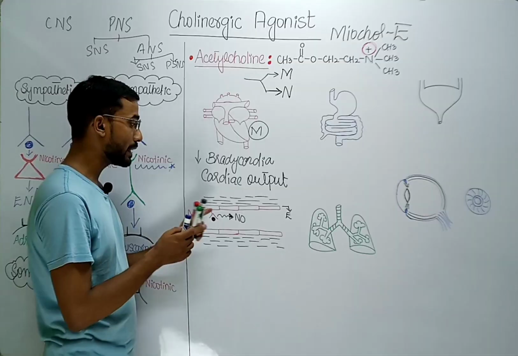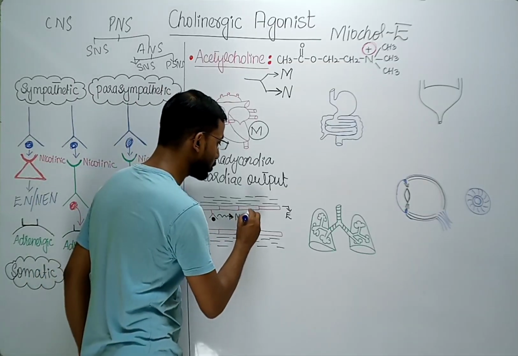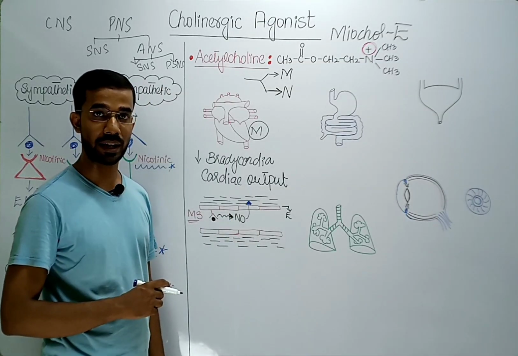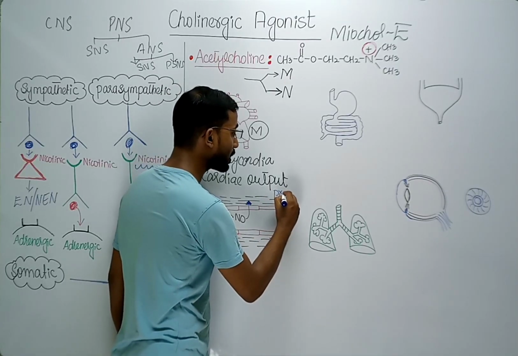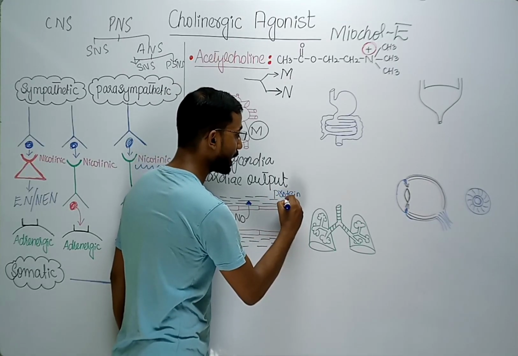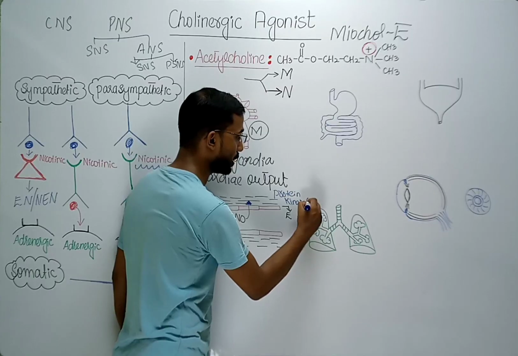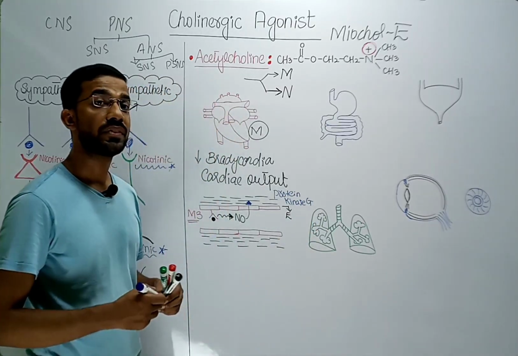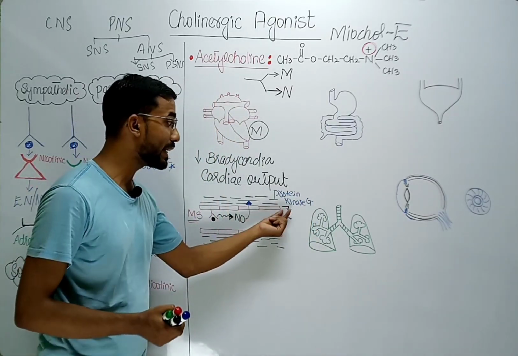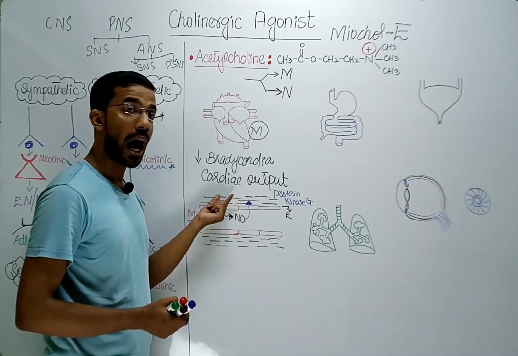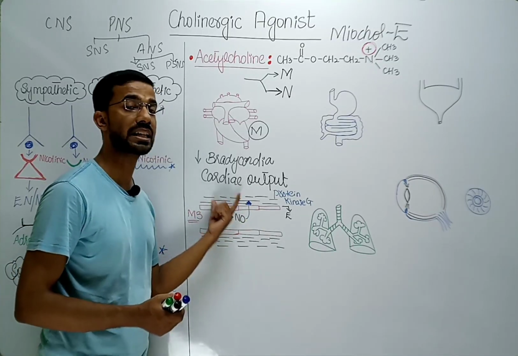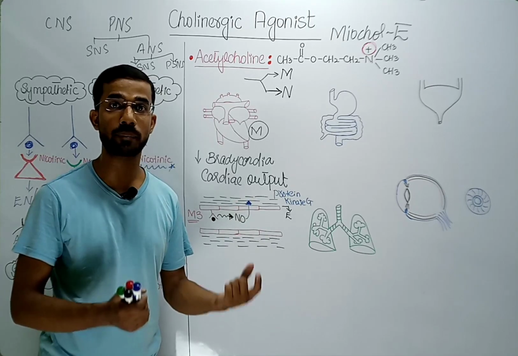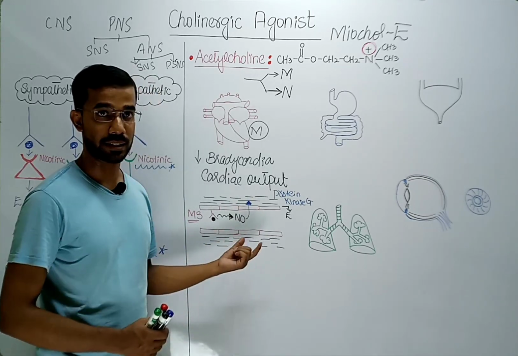Now this nitric oxide diffuses into the smooth muscles of the blood vessels and activates or produces protein kinase G. Now this protein kinase G hyperpolarizes the smooth muscles, and ultimately you will see the relaxation of the smooth muscles present in the blood vessels.